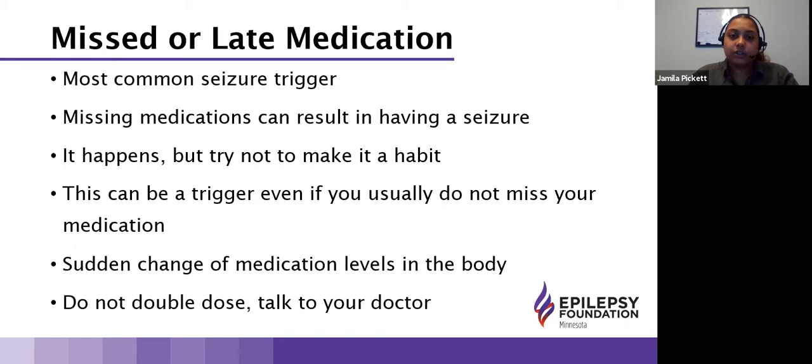Whereas with some of these triggers, you might not necessarily know when it's going to happen, or there's no way for you to minimize the effects of it. So missing medication can result in having a seizure. And also for some medications, you strictly have to take that medication around or at a specific time for it to work correctly. And so if you miss it or you don't take it at that time, it could have an effect on your seizure control.